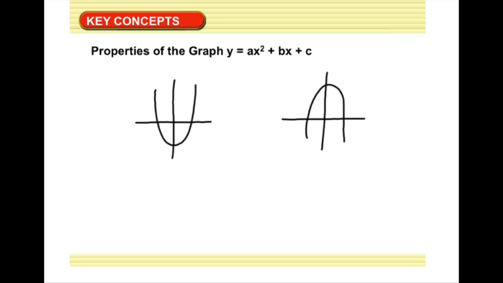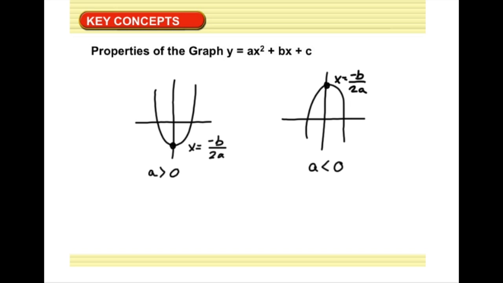Remember, when you open up, then a is greater than 0. When you open down, a is less than 0. Something else that is interesting to know is that the x value for your vertex is x equals negative b over 2a. And that's on every vertex of your parabola.